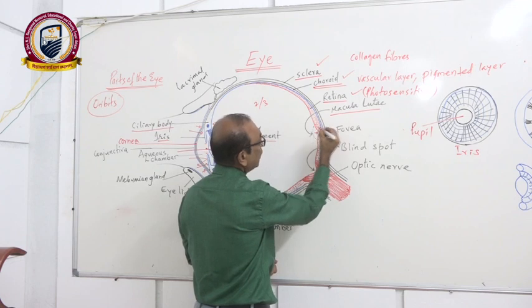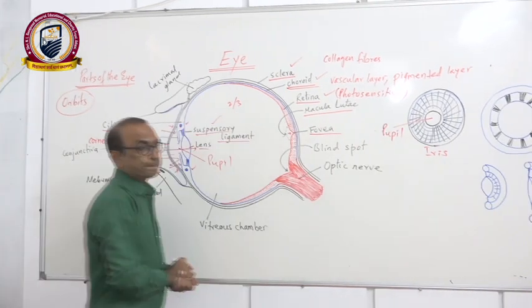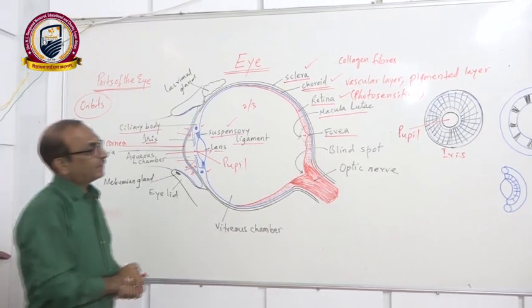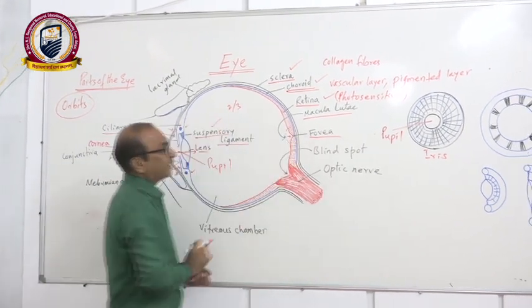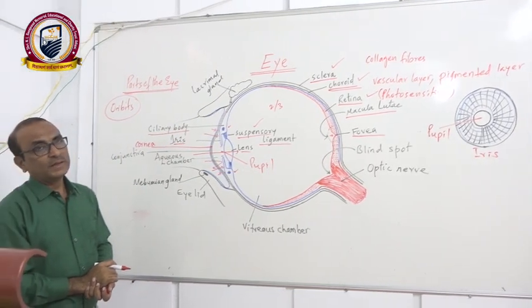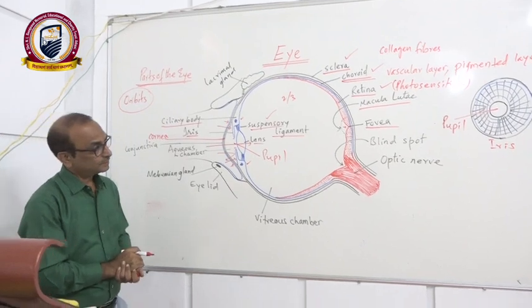So this thinned out part is called as fovea. Fovea and macula lutea, these are helping us in making the perfect vision of any object we are focusing on. Okay?